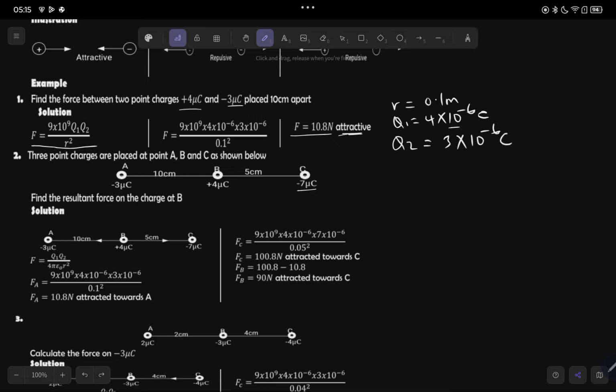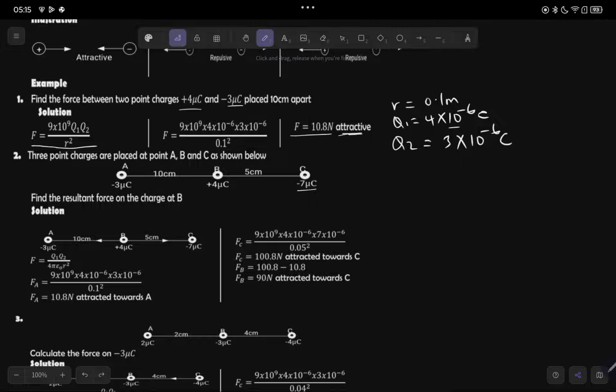Why are we calling this a resultant force? Because the positive 4 microcoulomb charge will be attracted towards the negative 3 microcoulomb charge, and at the same time attracted to the negative 7 microcoulomb charge.